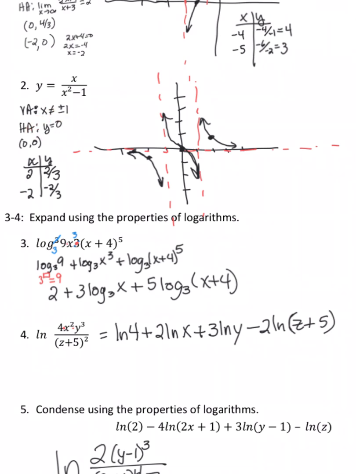Plug in a 0 for the x's to get your y-intercept, and you get a 0, so you have a point here at the origin. So the origin point is between the two vertical asymptotes. I need to know, am I going to go up here and here? Am I going to be like an upside down parabola?